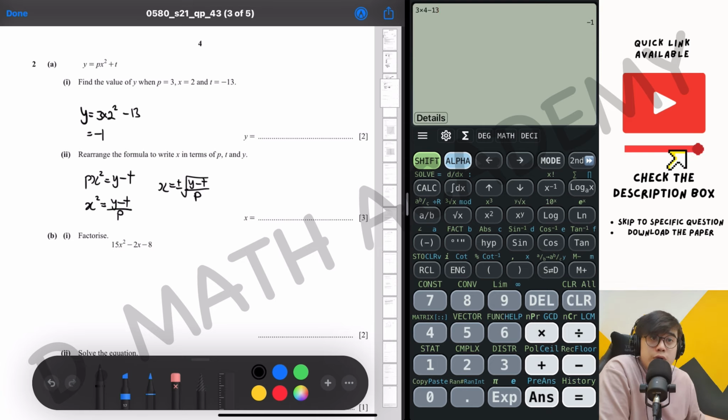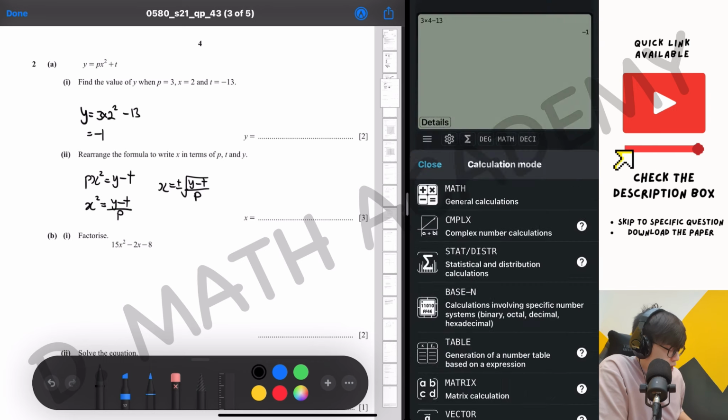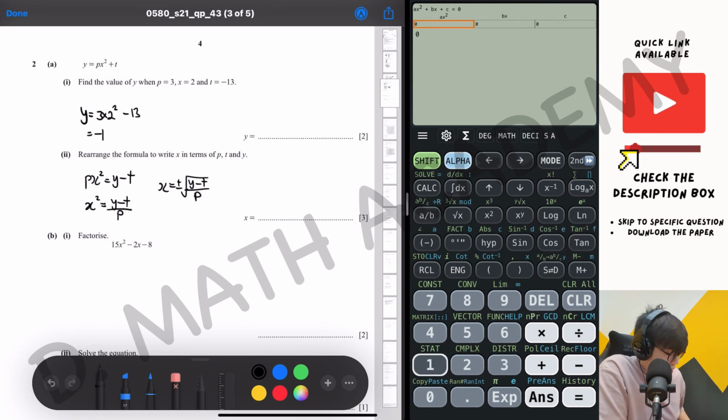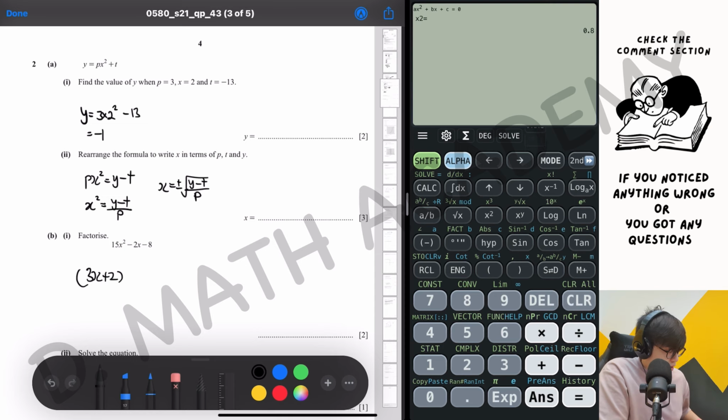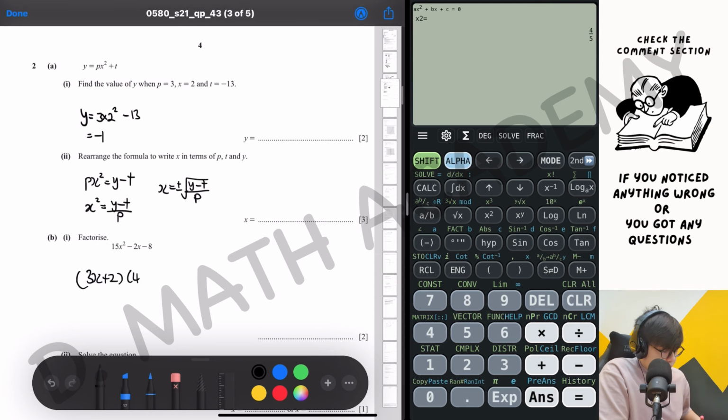Moving on, we are required to factorize 15x squared minus 2x minus 8. So key in 15, -2 and -8, you will get your answers. So the two results that we are getting will be 3x plus 2 followed by 5x minus 4.